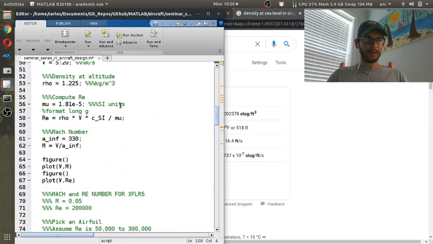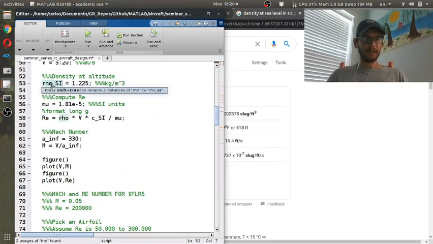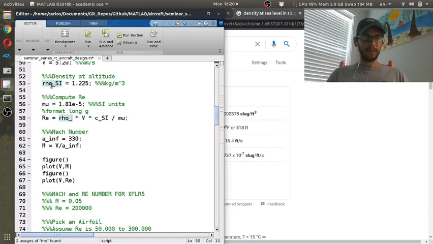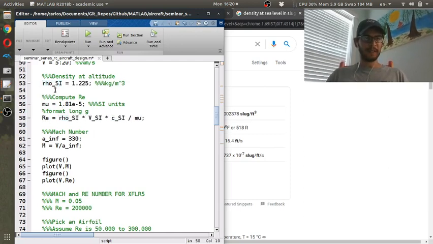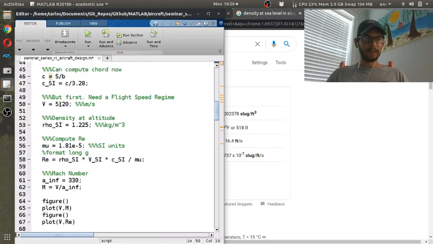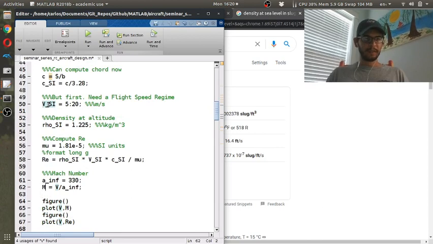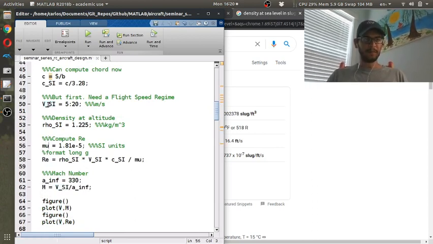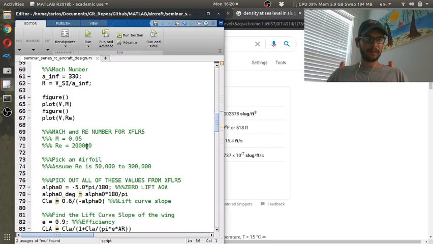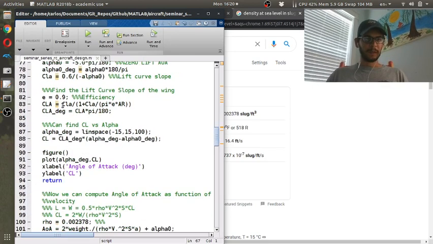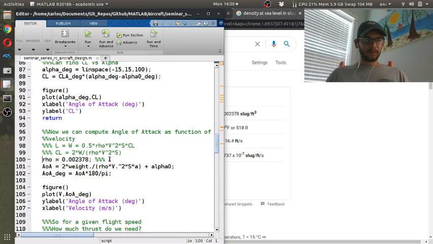Let's go back up here and change this to rho SI, and this to rho SI. And I'm going to do VSI here and change this to VSI. And then M is VSI. I think I got it. This is mu. I don't need mu anywhere else. And I got to change this to VSI. Okay. So there's my rho in English.